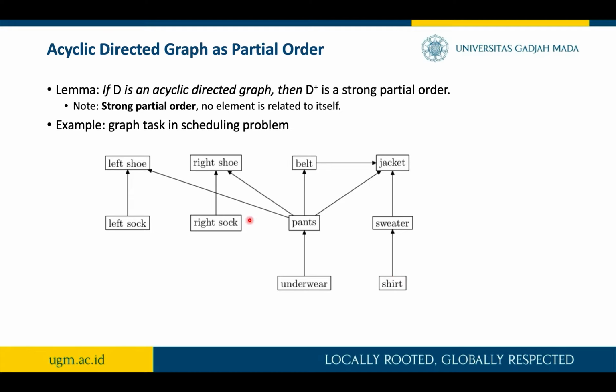We can also in parallel do this one: right sock, and then right shoe, or left sock and then left shoe. But we can only wear our shoes and our jacket and our belt after we wear our pants. That's how we get dressed.